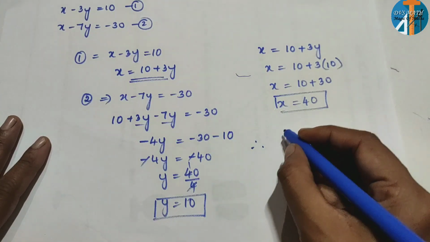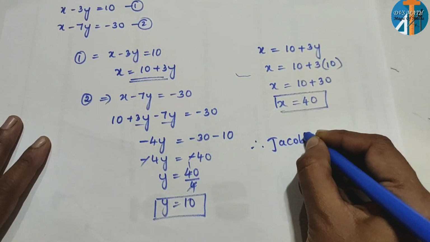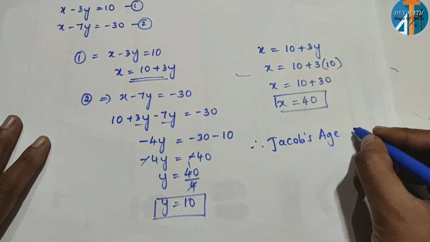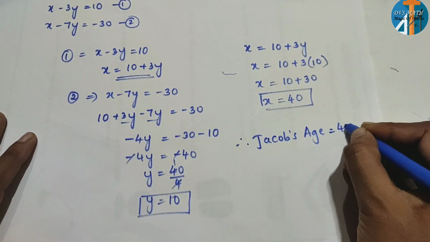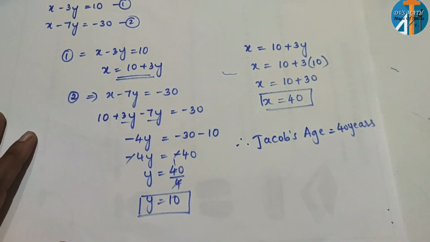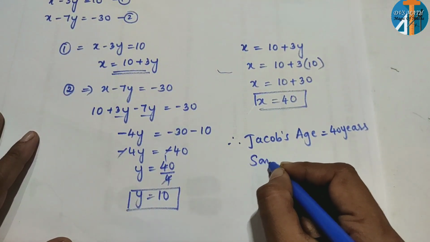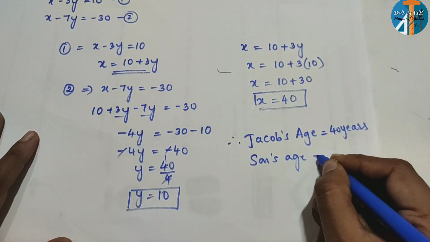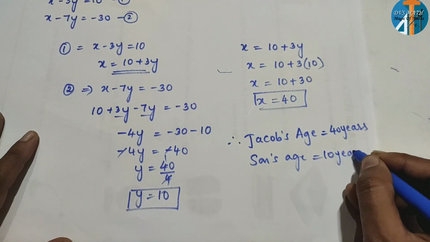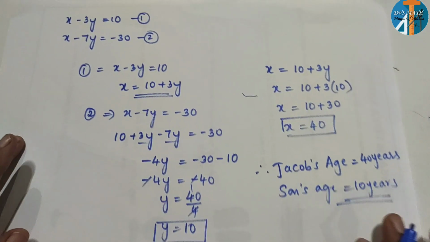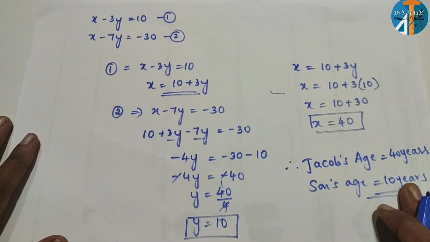Therefore, Jacob's age is 40 years and the son's age is 10 years. Okay, so this is the last sub-question in question number 3.